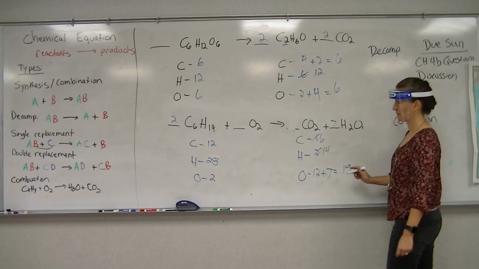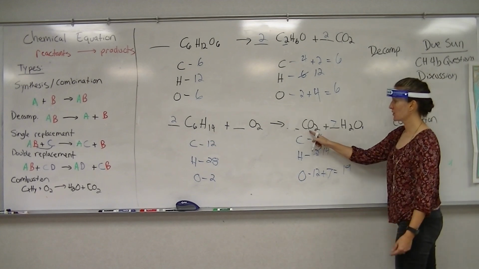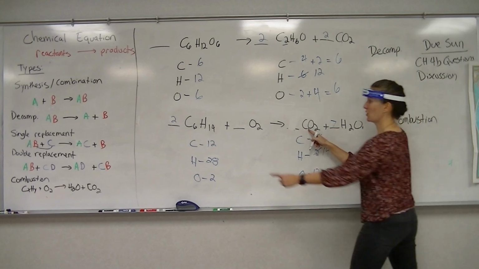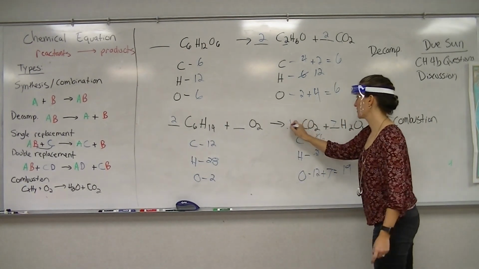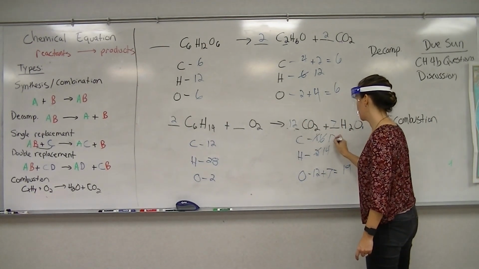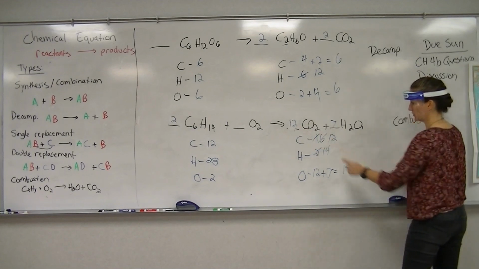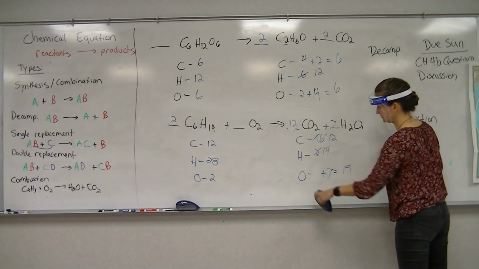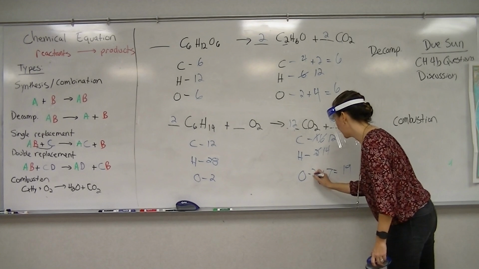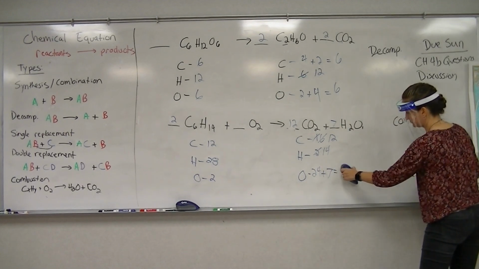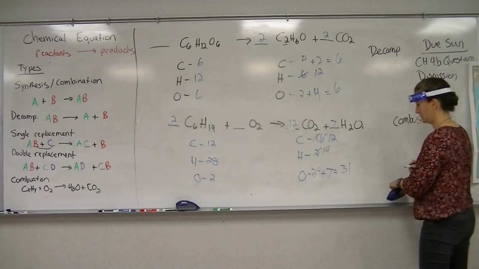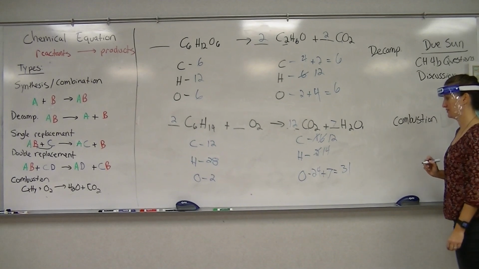There's a 1 after carbon, and I need 12 of them. Yep, so it's going to be 12. So that changes this to 12, but it's changing my oxygens to 24. 12 times 2 is 24. So I'm still at an odd number. 31. Wait, that's 31, right? Yeah, okay.